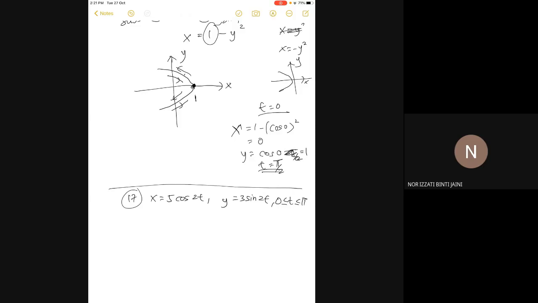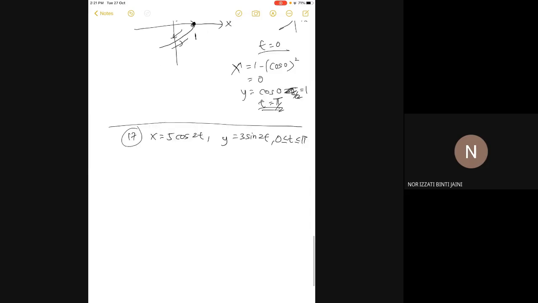But because there is a 2 there, it is still the full curve. So cos 2t equals x over 5, sin 2t equals y over 3. So cos 2t squared plus sin 2t squared equals 1.